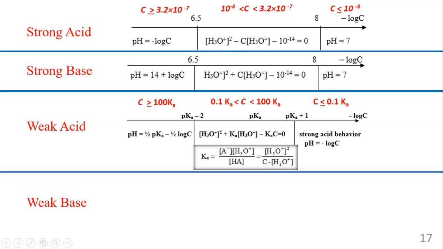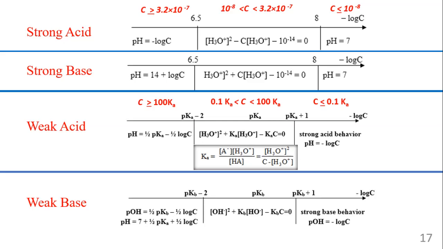That's when I use the quadratic. This is all you need. Memorize this. That's all you need, okay? The condition, what equation? The condition, what equation? Of course, this quadratic just comes from the Ka value. If you don't want to memorize this, that's fine. Clear?